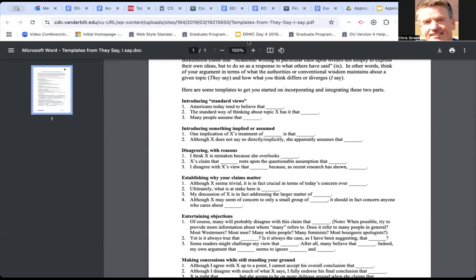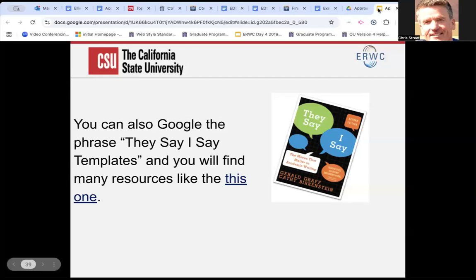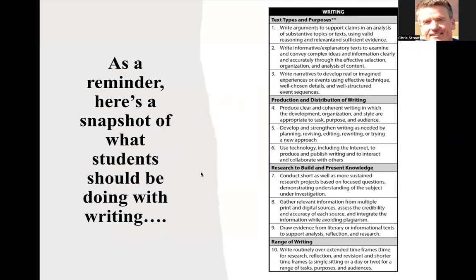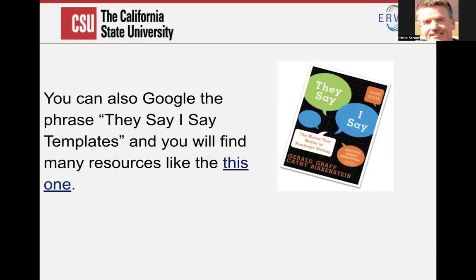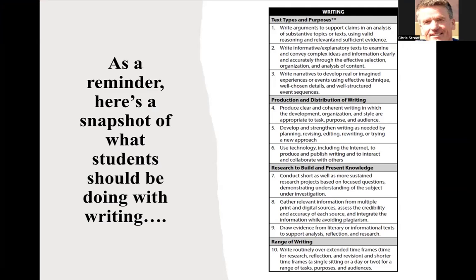They're really, really helpful. And I'm not going to spend a lot of time going through them, but I do want you to have this resource as a highly recommended book. And the book is for us as teachers. You don't necessarily need the book, but Googling they say, I say sentence frames or templates, you'll find the best part of the book, which is the frames at the end in the appendix.